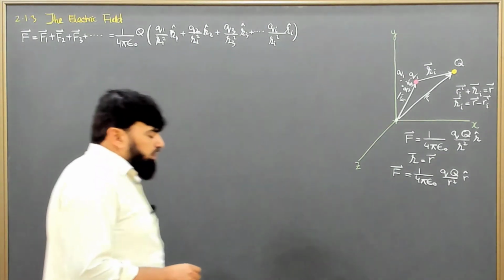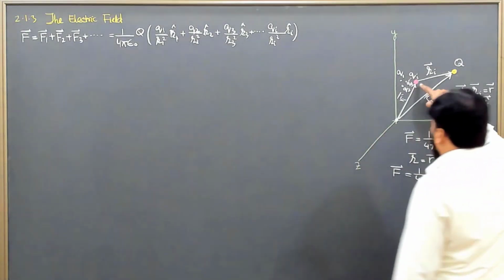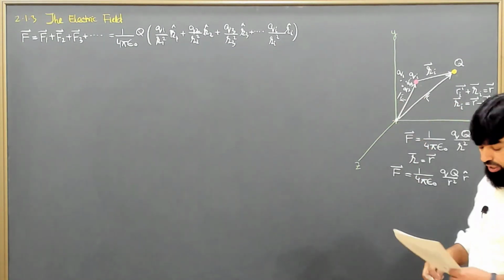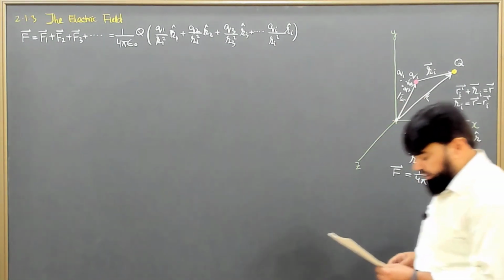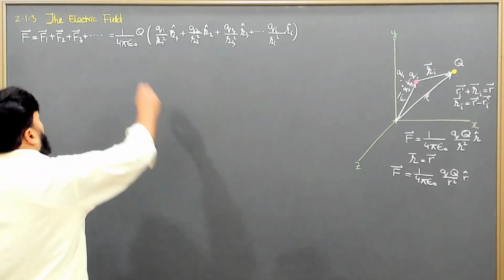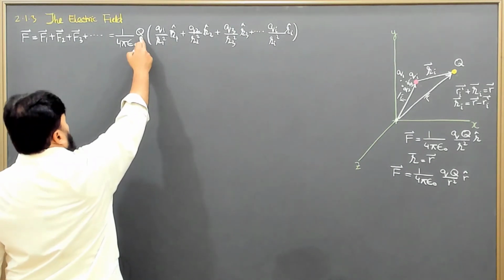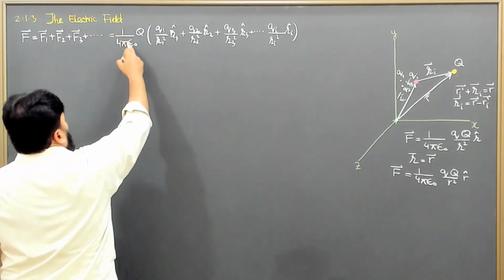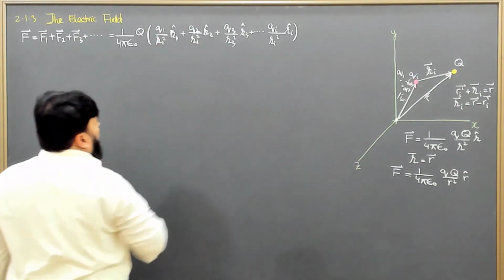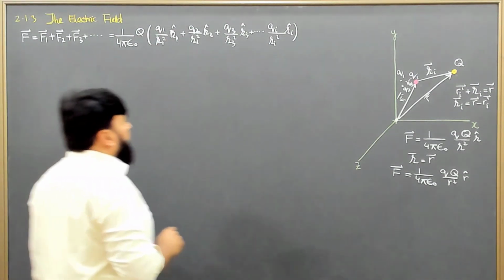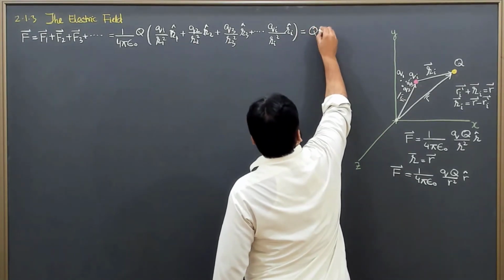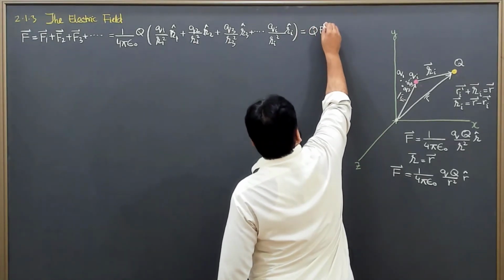We are considering the source charge. Source charge is not at the origin. That's why we are using the R tilde. And here, if I take this Q, and then 1 over 4 pi epsilon naught, and all these we add up, then this I define as Q times the electric field.